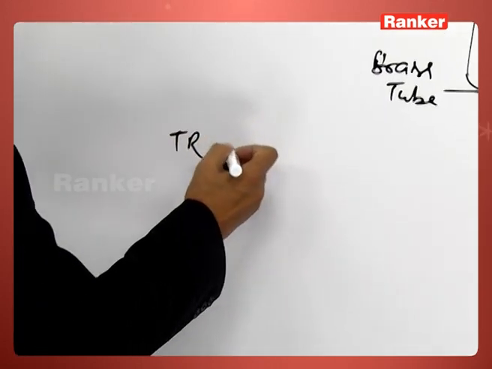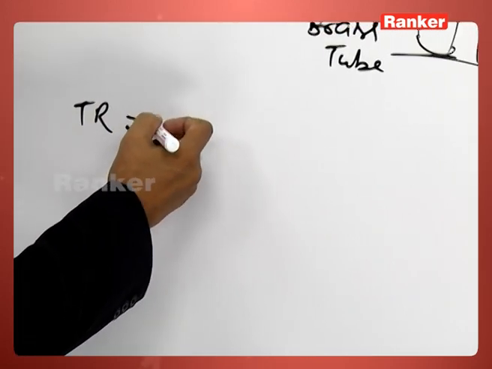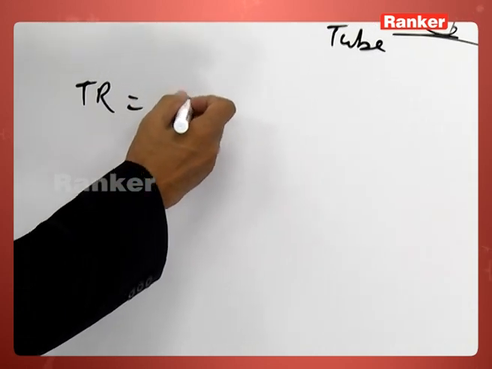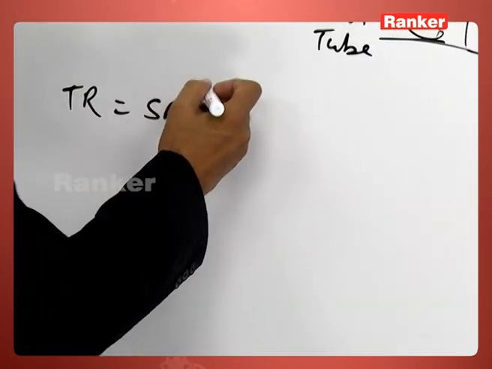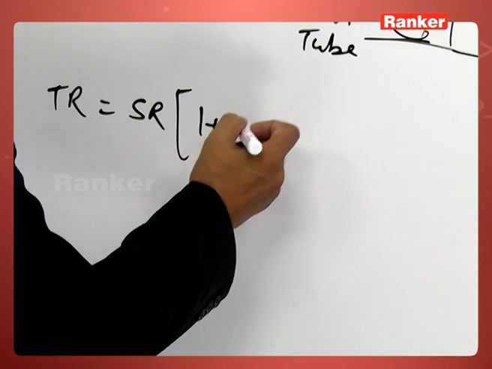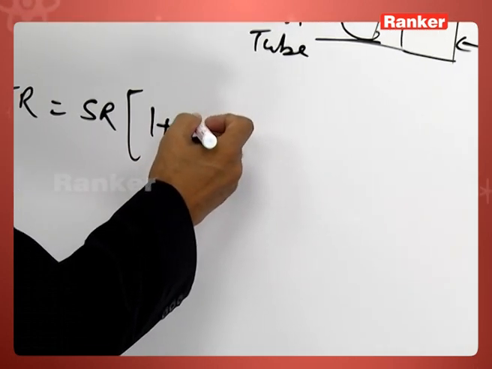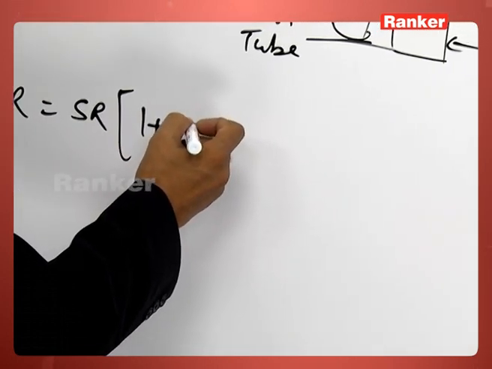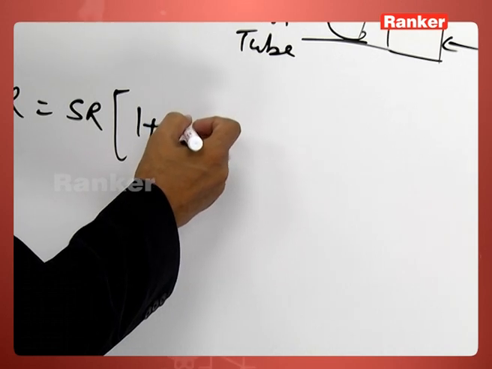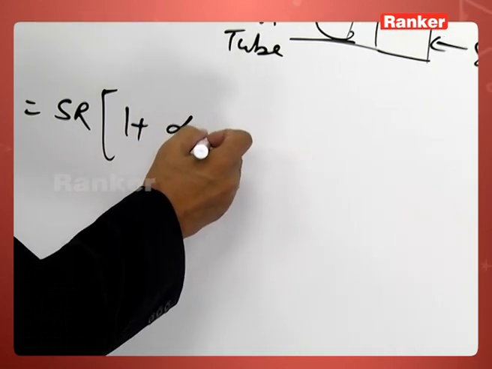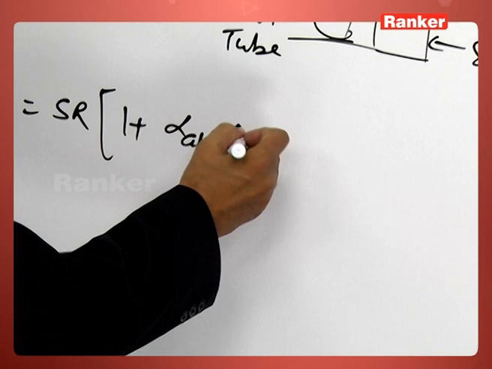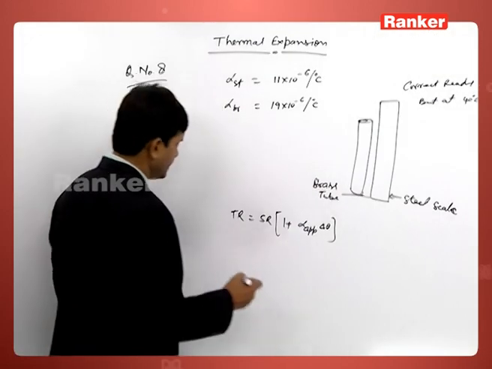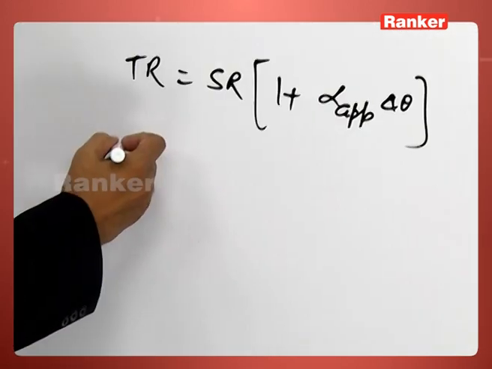true reading is equal to the scale reading times 1 plus alpha apparent into delta theta. See, we want the true reading.